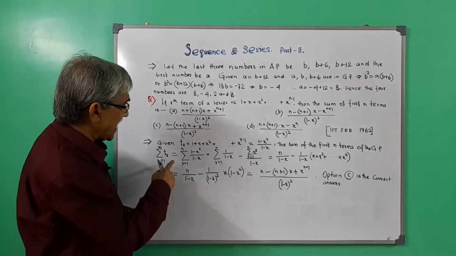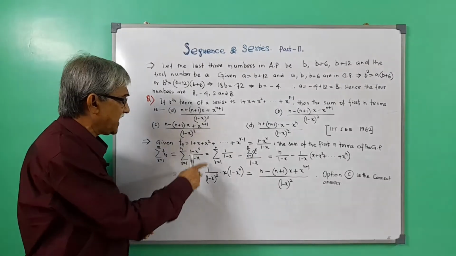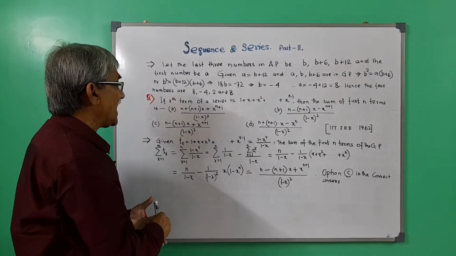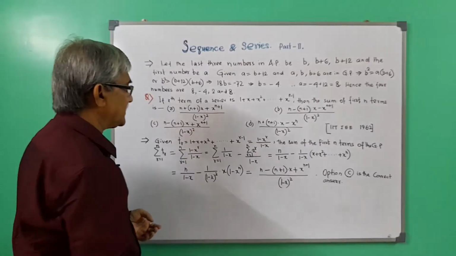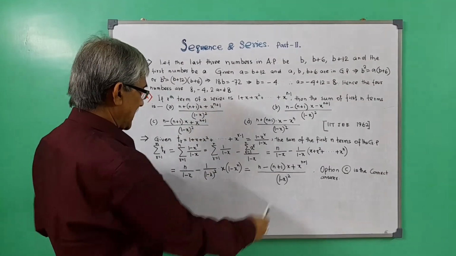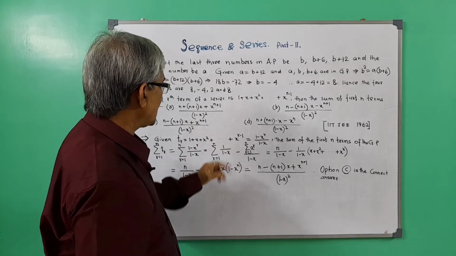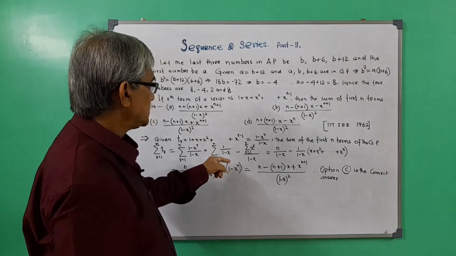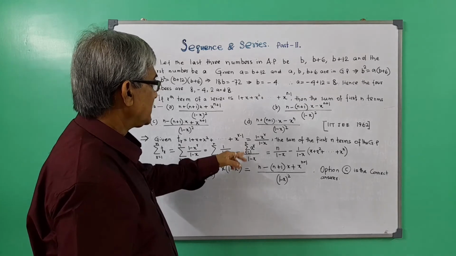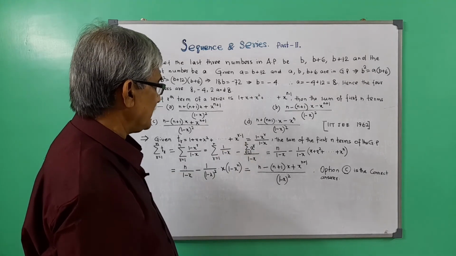That equals summation R equals 1 to n, 1 minus x to the power r by 1 minus x. This I have placed here. So now break it up. Therefore, it is summation R equals 1 to n, 1 by 1 minus x, minus the summation R equals 1 to n, x to the power r by 1 minus x.